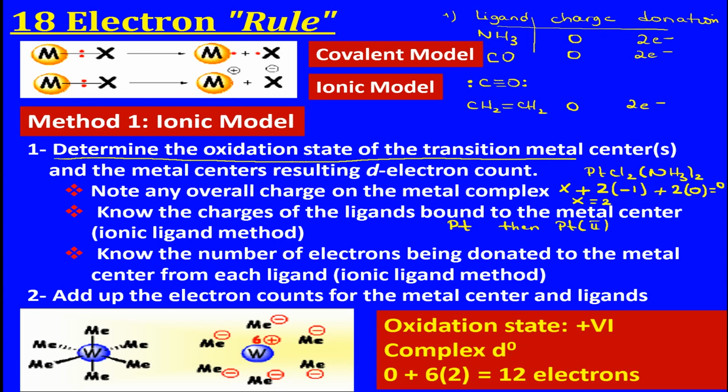Then we count the total number of electrons. Platinum 0 is d10 s2... I mean d8 s2, so platinum 0 is d8 s2, so platinum 2+ is d8.